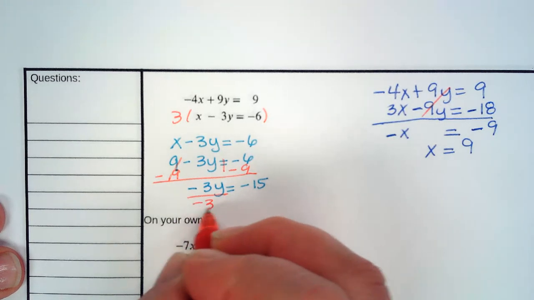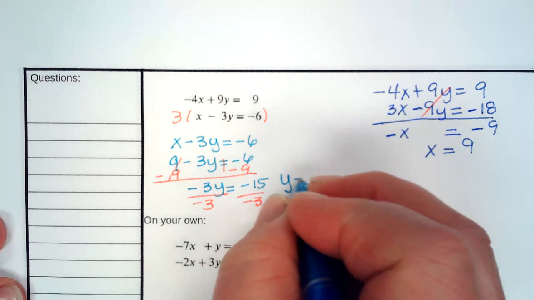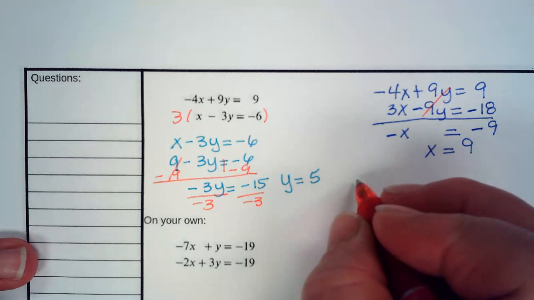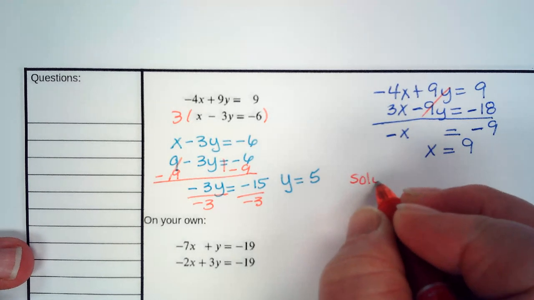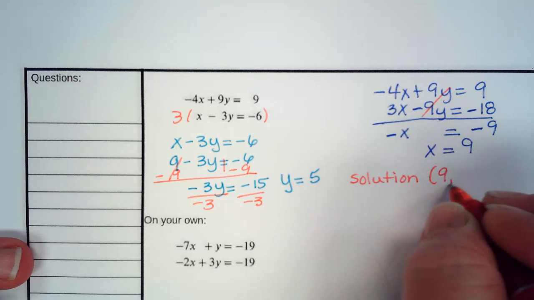Divide by negative 3. And y is equal to positive 5. Take a minute and look and make sure you were following along correctly. So my solution is the point 9, 5.